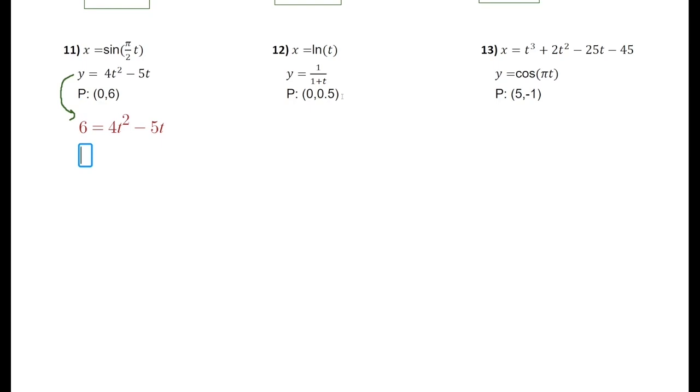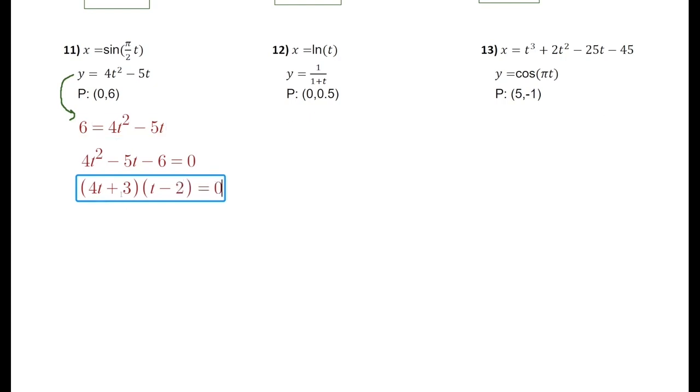So I'm going to subtract 6 from both sides. And we can either use quadratic formula here, or we can try to factor this. And this one appears to be factorable. So yeah, it's going to be 4t plus 3 times t minus 2.